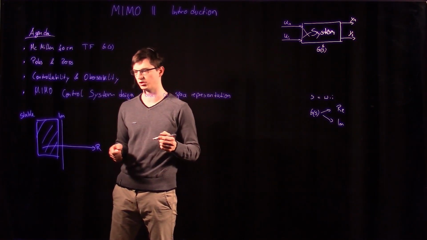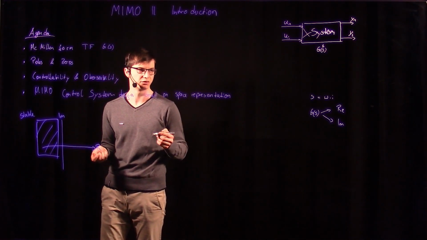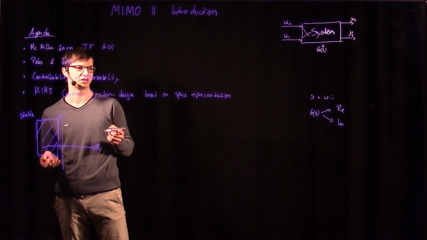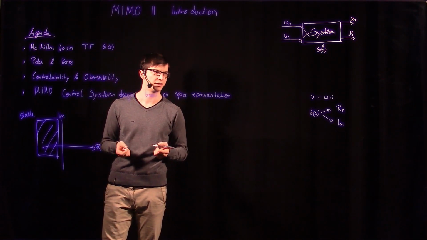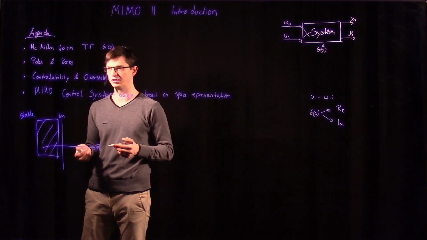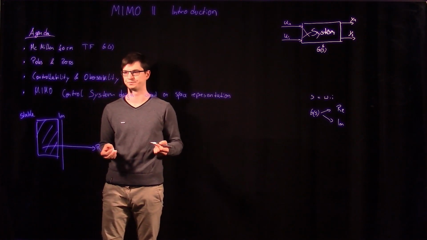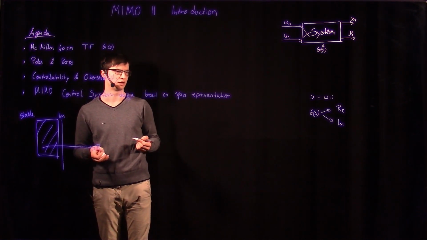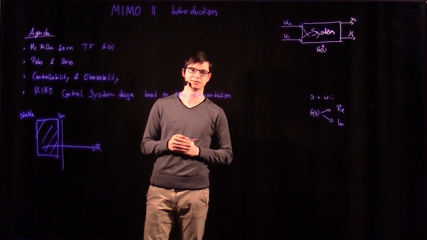And zeros, what are zeros? Zeros are from the transfer function, and they represent the linear factors of those transfer functions, and they reveal some characteristics of the system directly. So yeah, and that's what we want to do in the next videos.